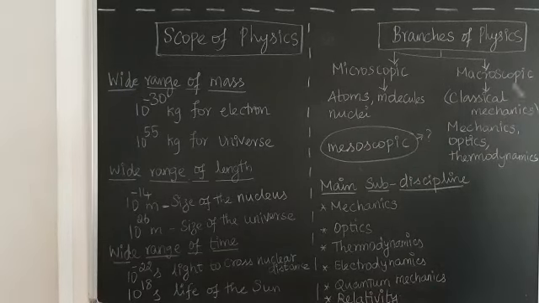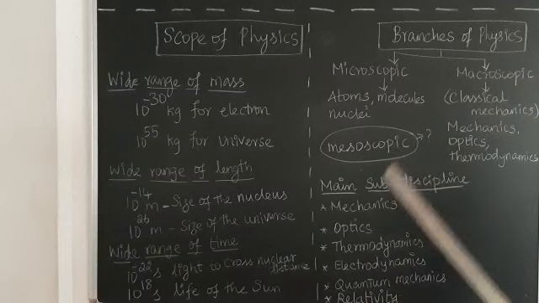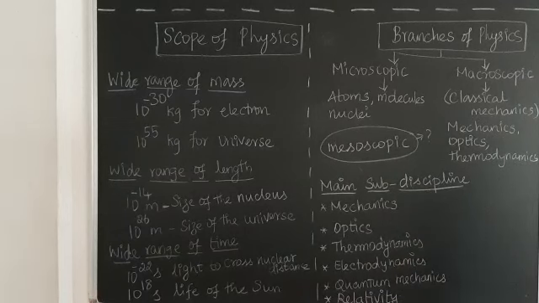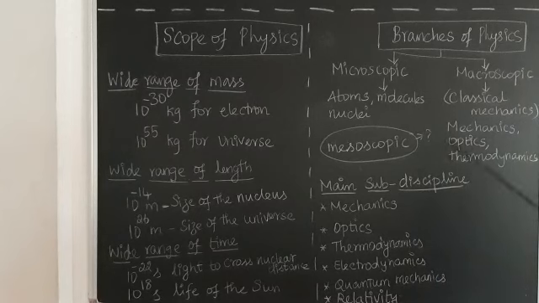These all belong to classical mechanics, so we are studying objects bigger in size. And optics, where we deal with lenses along with light, and thermodynamics, with heat, energy and entropy, are all covered under macroscopic. And there is a newer one, mesoscopic. What is called mesoscopic?